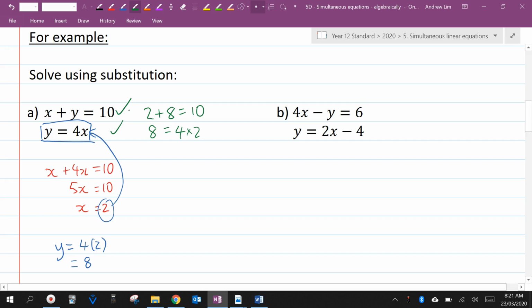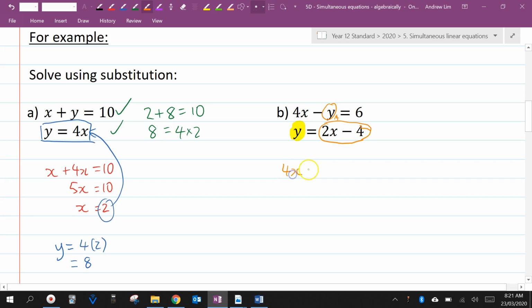Alright, let's have a look at question B. In question B we have 4x minus y is equal to 6 and y equals 2x minus 4. We can see here y is the subject, which means that we're going to substitute all of this into y in the other equation.